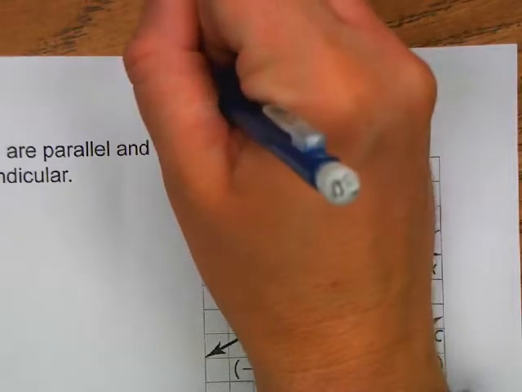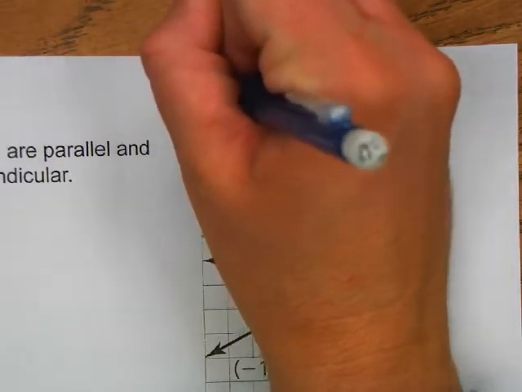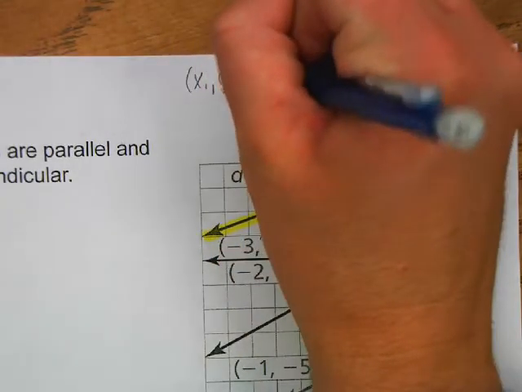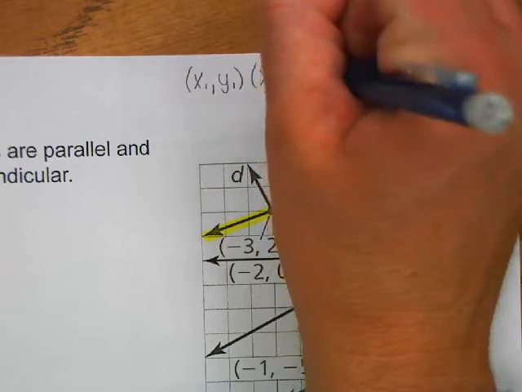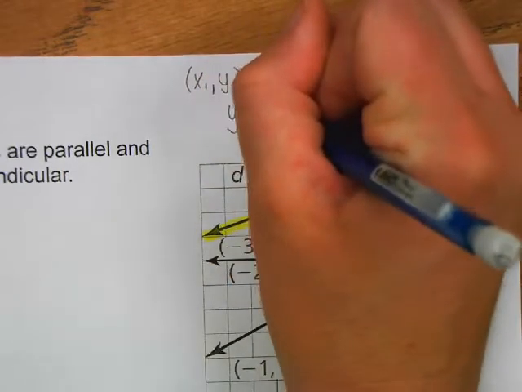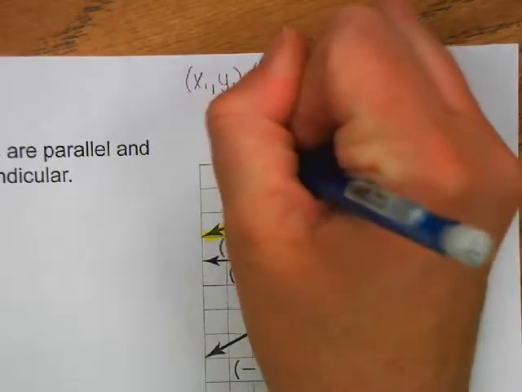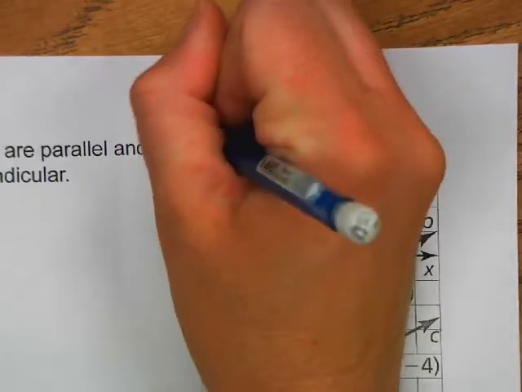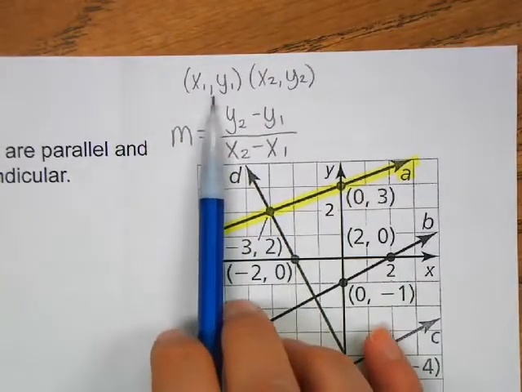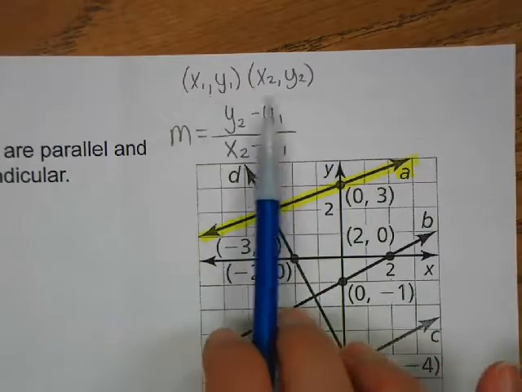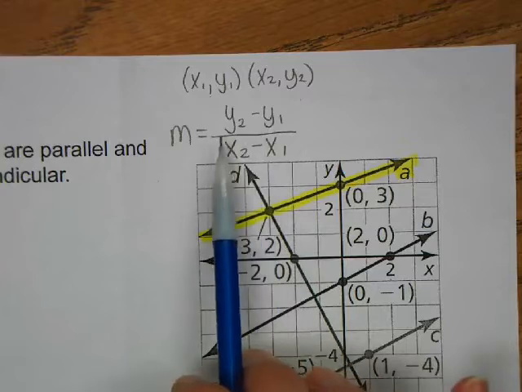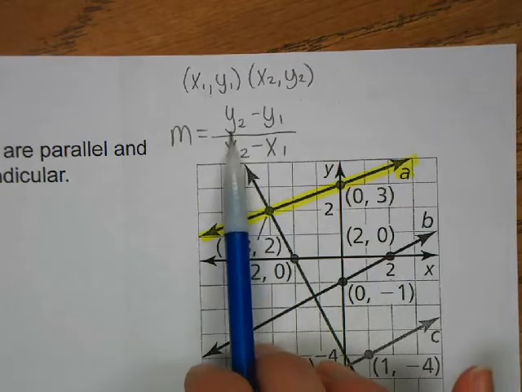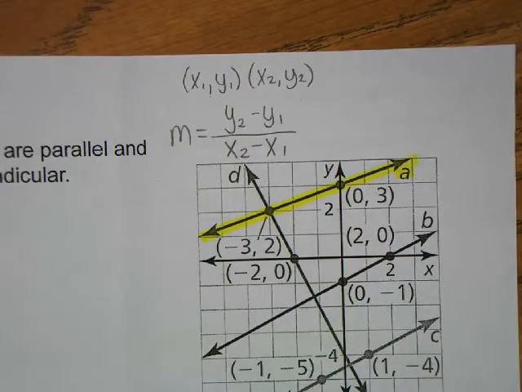Remember, you would have 2 points, (x1, y1) and (x2, y2), and the slope formula is just y2 minus y1 over x2 minus x1.